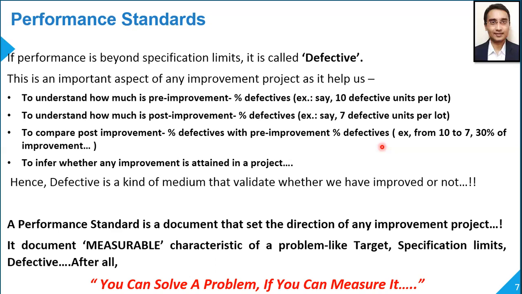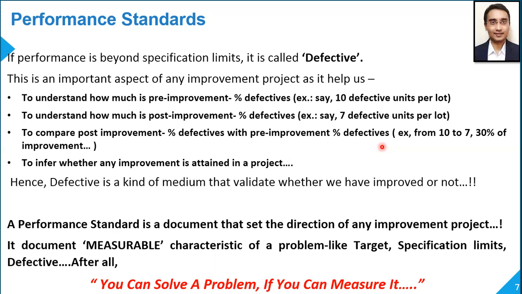So the percentage defective was 87 divided by 234 shifts, roughly 38% of the total number of shifts defective or non-compliant to the target. Then we set a target to reduce it by 20%, from 87 to 70. So have we achieved that improvement? Our pre-improvement number of defectives was 87.